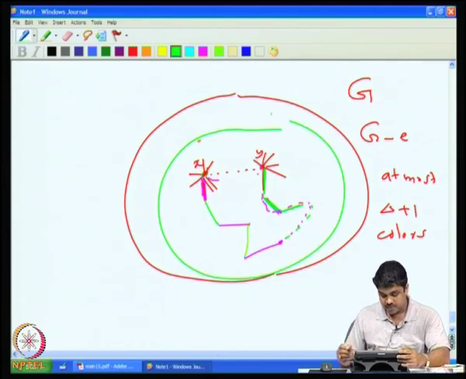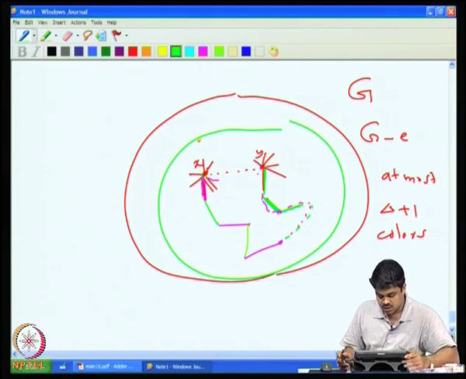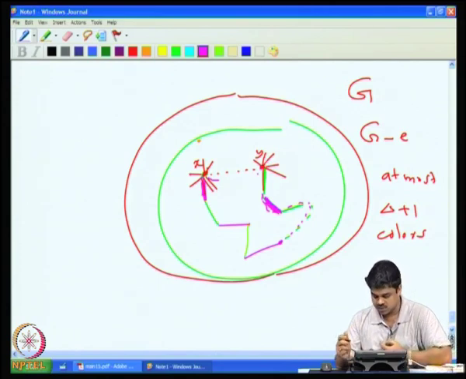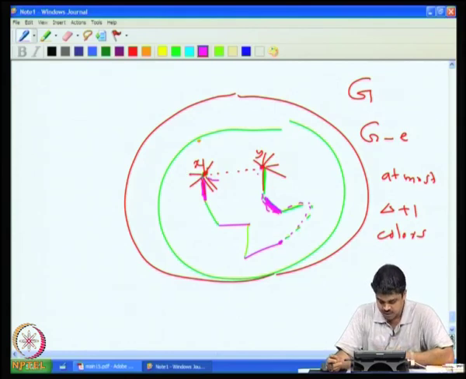In the bipartite case, we argued that it will never happen, because this is going to be an even path, and plus 1 edge will create an odd cycle. But if it is not a bipartite graph, that can indeed happen.